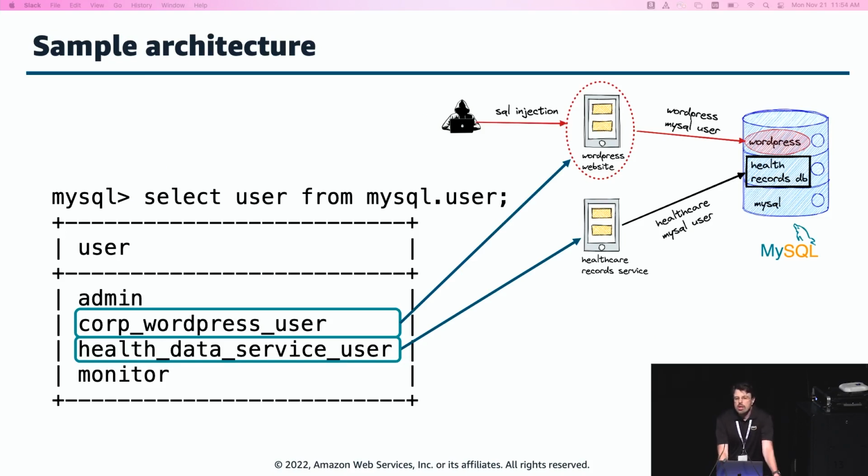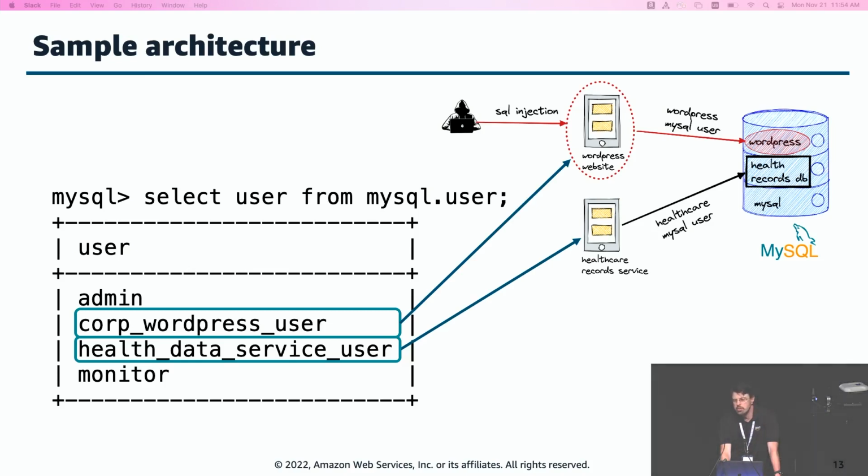If I'm a database administrator, I can retrieve all this information, right? And I can see that I have a number of users here. I have an admin user, I have a corp WordPress user that only has access to the WordPress database, and there is nothing interesting there. I have another user, which is called the health data service user, which has access to the health data information. This is my target.